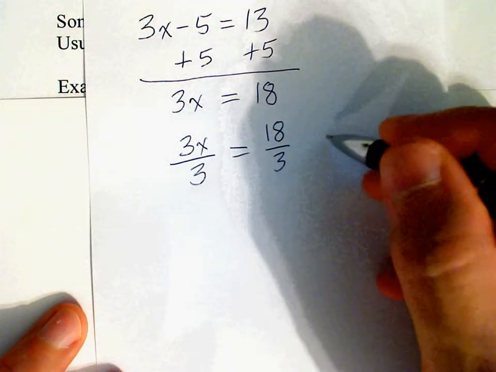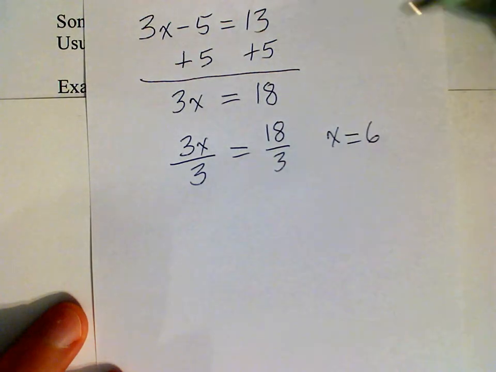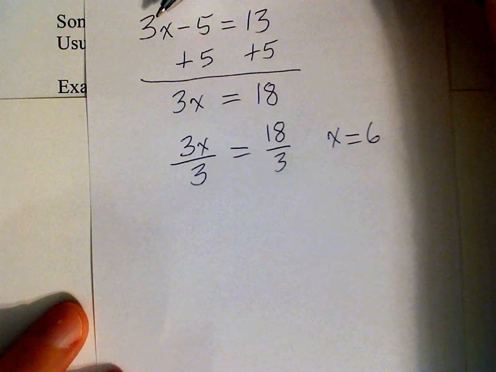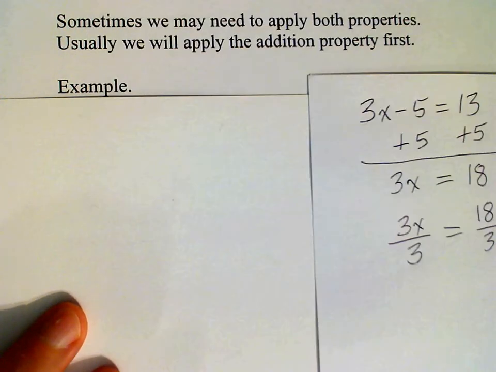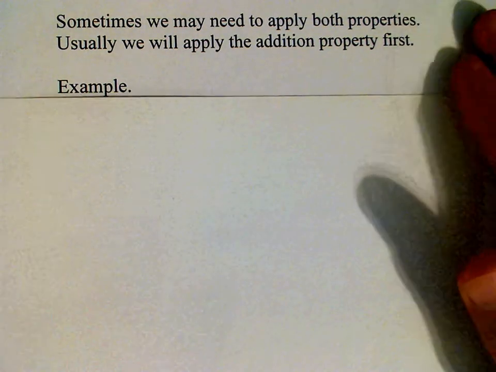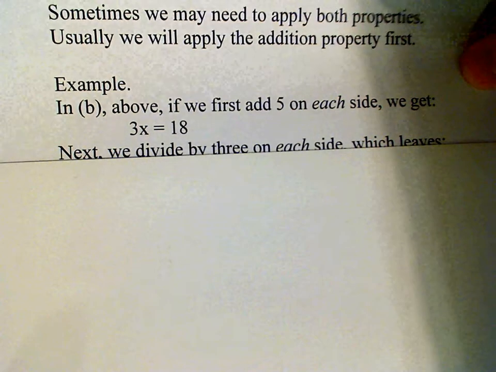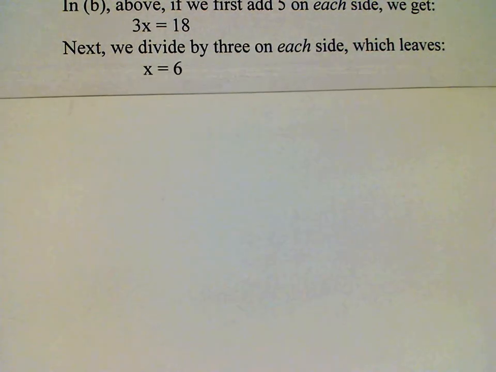Then we arrive at the solution, which is x equals 6. And again, it's easy to verify that 6 is the solution by substituting into the original problem. Okay, and these steps are outlined in the notes for you.